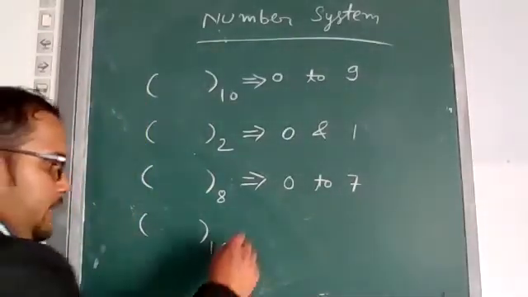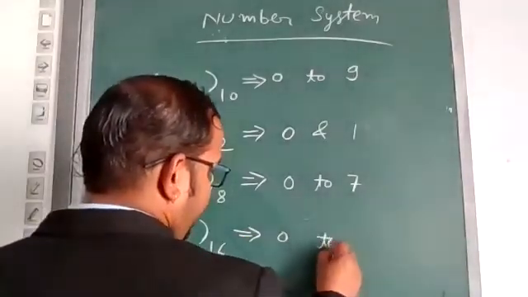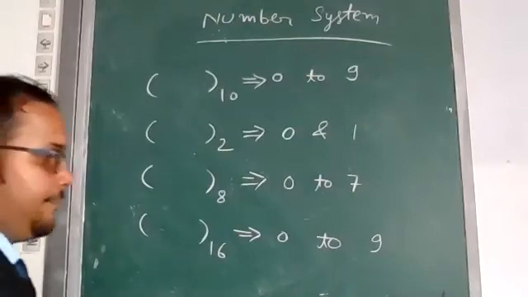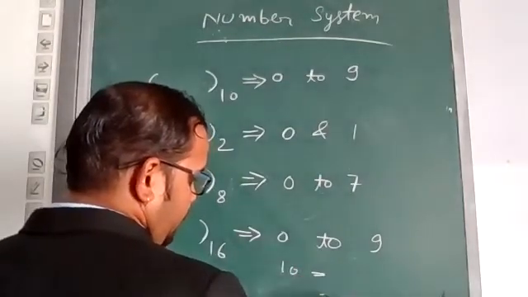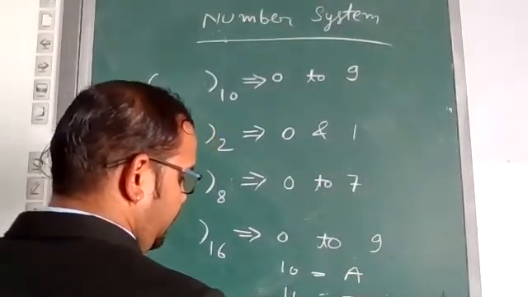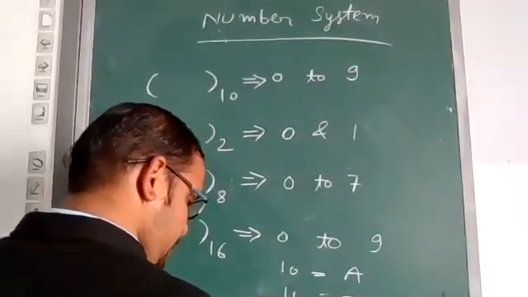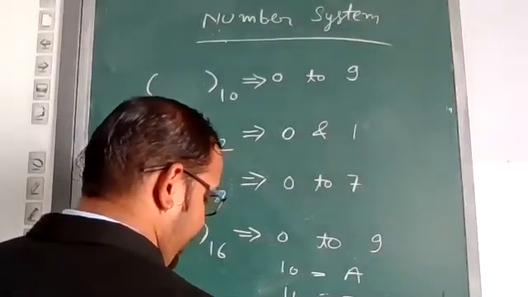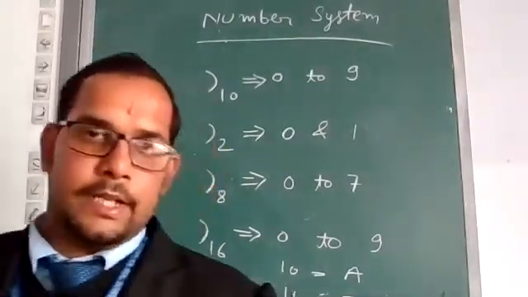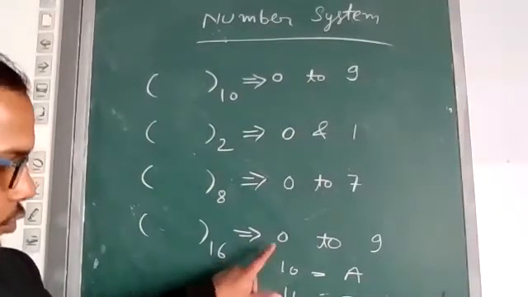And at last, the hexadecimal number system, base 16, starts from 0 to 9, all the numbers just like decimal, and after that 10. For 10 you write capital A, 11 is capital B, 12 is C, 13 is D, 14 is E, and 15 is represented by F. So there are 16 digits, from 0 to 15.